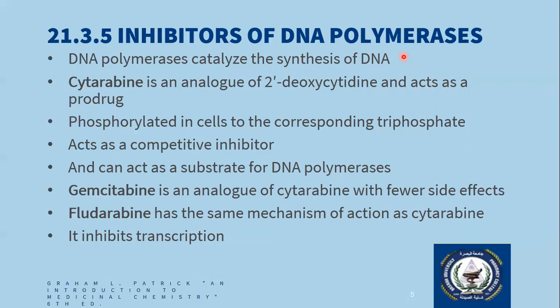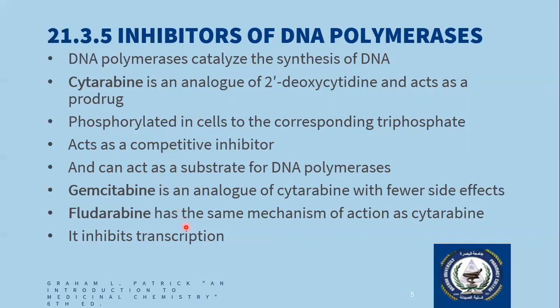But it has fewer side effects compared to cytarabine. Fludarabine is a purine analog. Cytarabine and gemcitabine are the pyrimidine analogs. Fludarabine is the purine analog. And you know what the purine and the pyrimidine bases are, right?